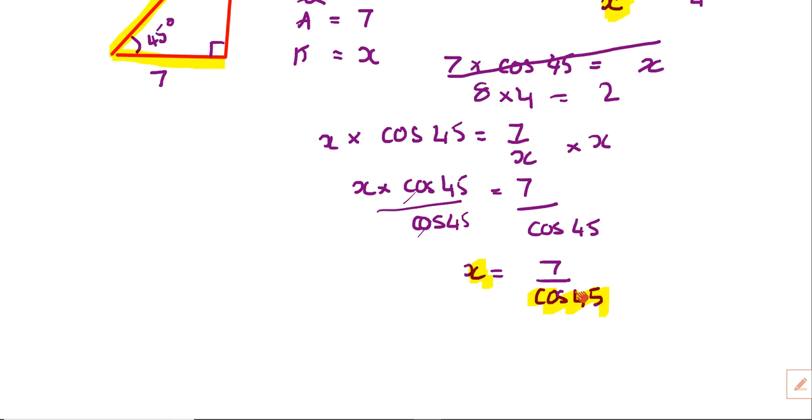So if I ask a question and I ask what the side length is, I don't need the angle. If I give you an angle and want to know the side, you're using trigonometry. If I give you the sides and ask you what the angle is, you work out the angle. If I give you the sides and ask for a side, you're going to use Pythagoras' theorem. You use the tool for the job.